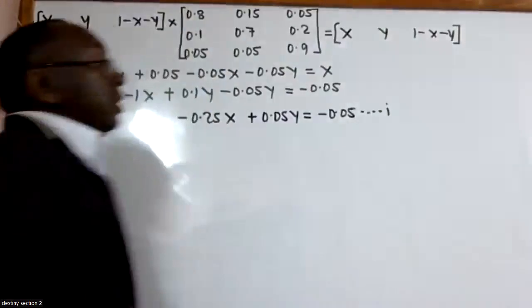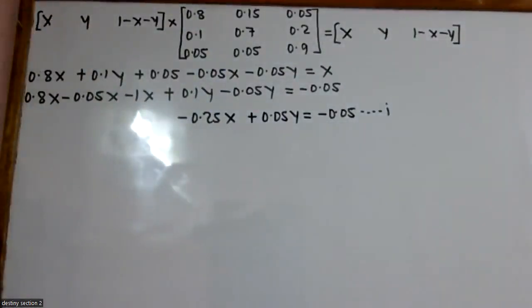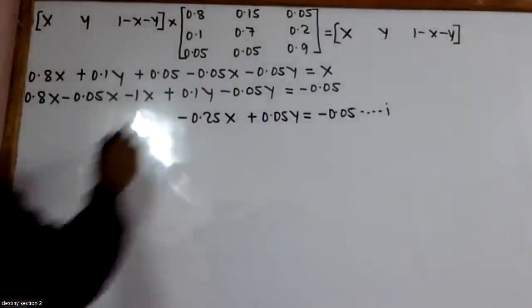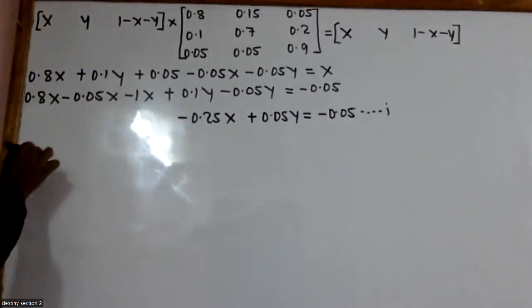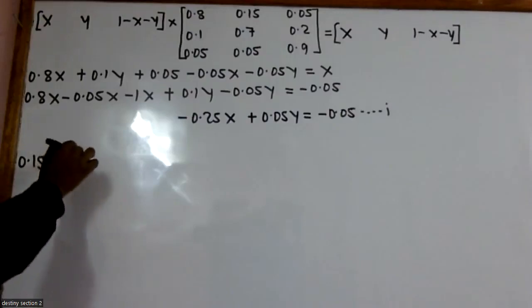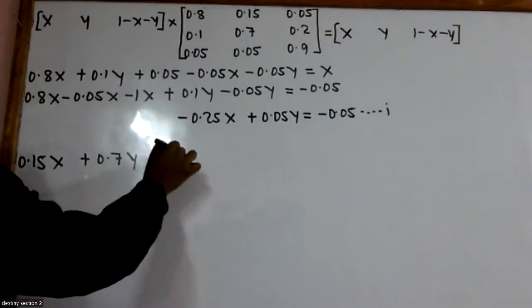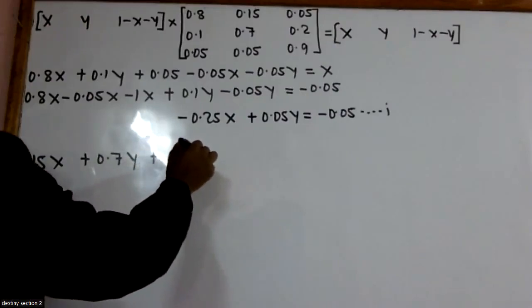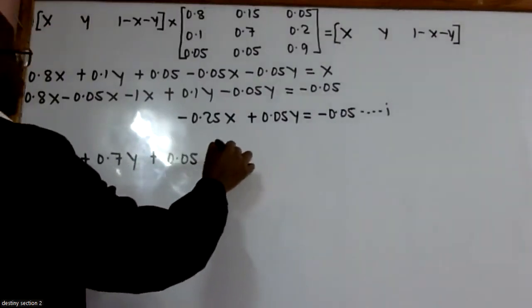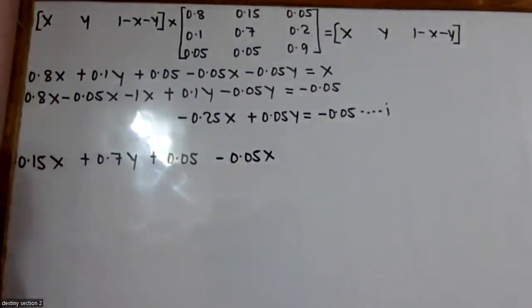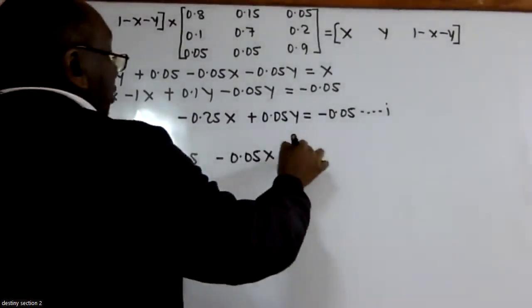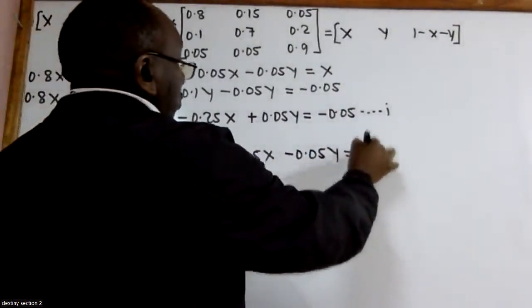Now this one, you call it equation number 1. Then you multiply this one, you go in a 0.15x plus 0.7y plus 0.05 minus 0.05x minus 0.05y is equal to y.